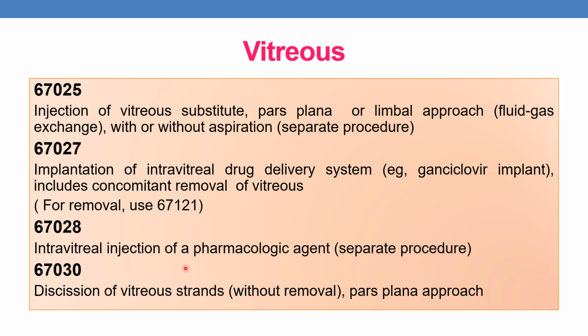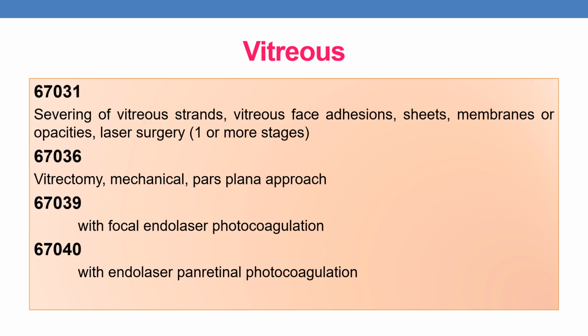Intravitreal injection of a pharmacological agent. The next is 67030. Discission of vitreous strands without removal, pars plana approach. The next CPT is 67031. It deals with severing of vitreous strands, vitreous face adhesions, sheets, membranes or opacities, laser surgery, one or more stages.